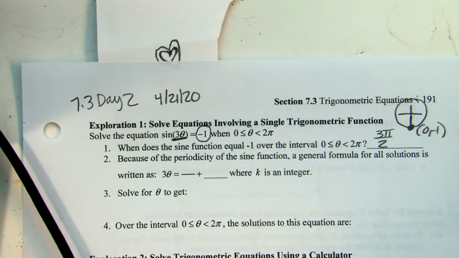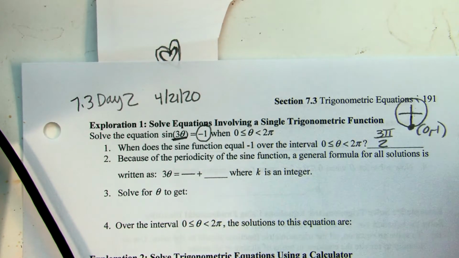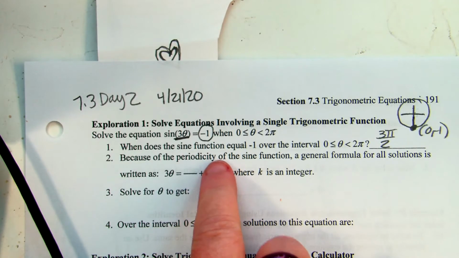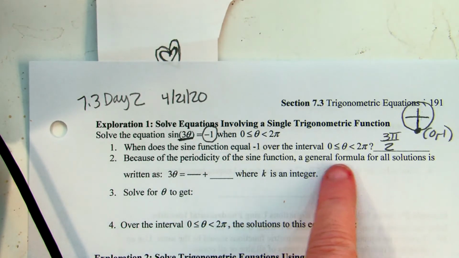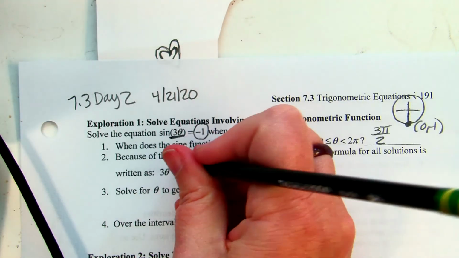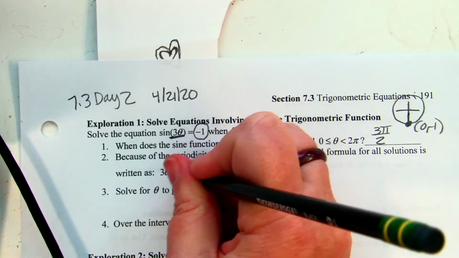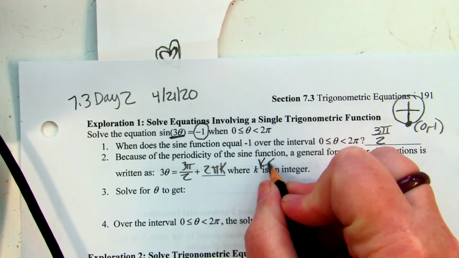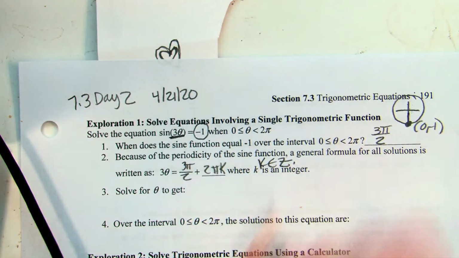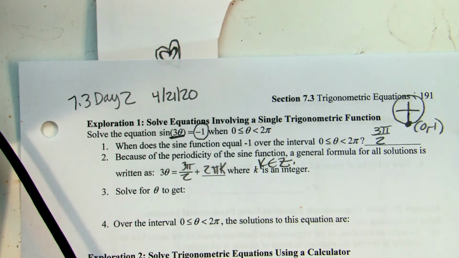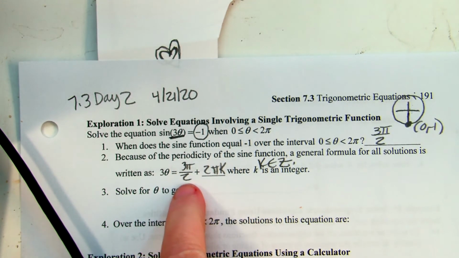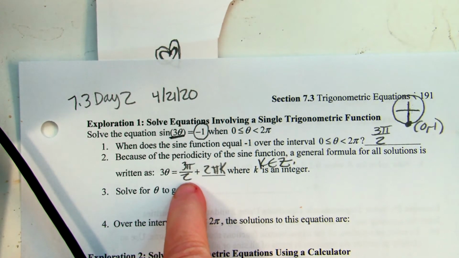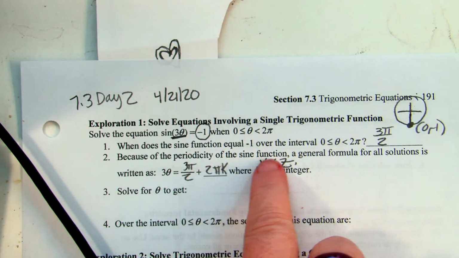Because of the periodicity of the sine function, the general formula is 3 pi over 2 plus 2 pi k, where k is an element of the integers. So what you do is you find the angle or angles that make it true. Then you add plus 2 pi k, where k is an element of the integers.